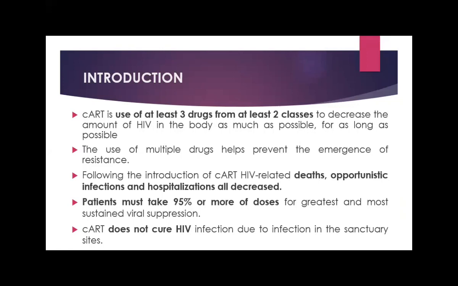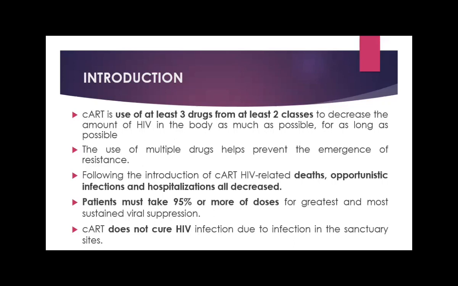So in introduction, we're saying combined ART uses at least 3 drugs from at least 2 classes to decrease the amount of HIV in the body as much as possible.